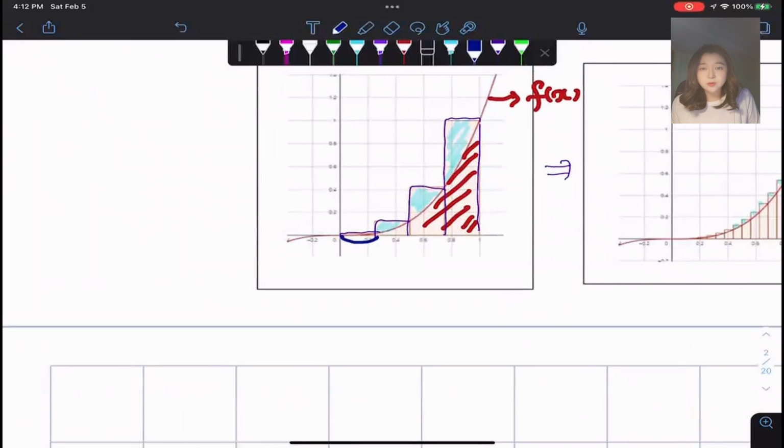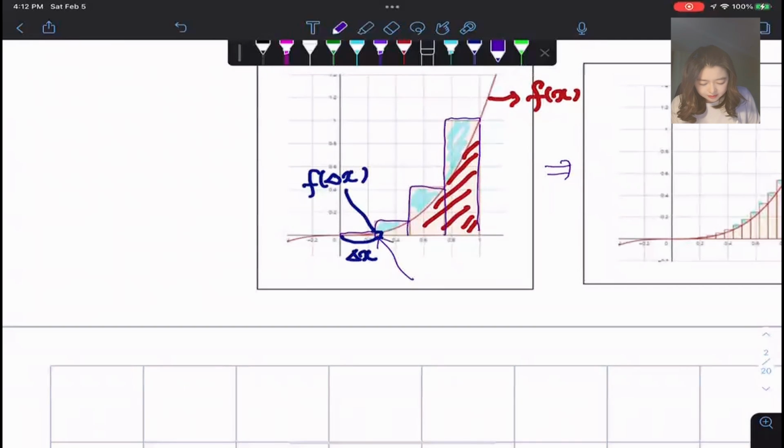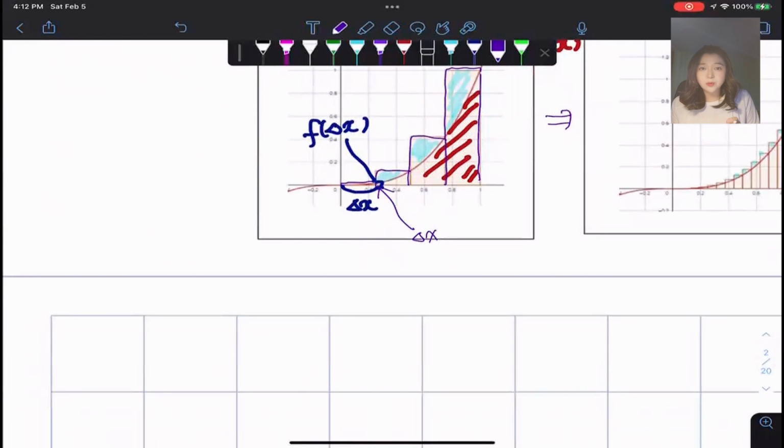This first rectangle has width delta x, and the height is f(delta x) because the x coordinate is delta x. So the area of the first rectangle is width times height, delta x times f(delta x), plus the second rectangle.